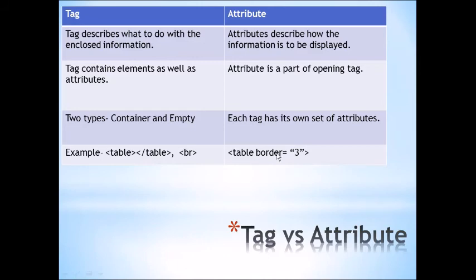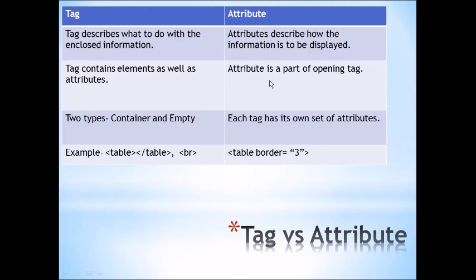And a tag contains elements as well as attributes. See this, the element is table and the attribute is border. So we have both the element and attributes, and sometimes there can be no attributes also, that is not a problem.